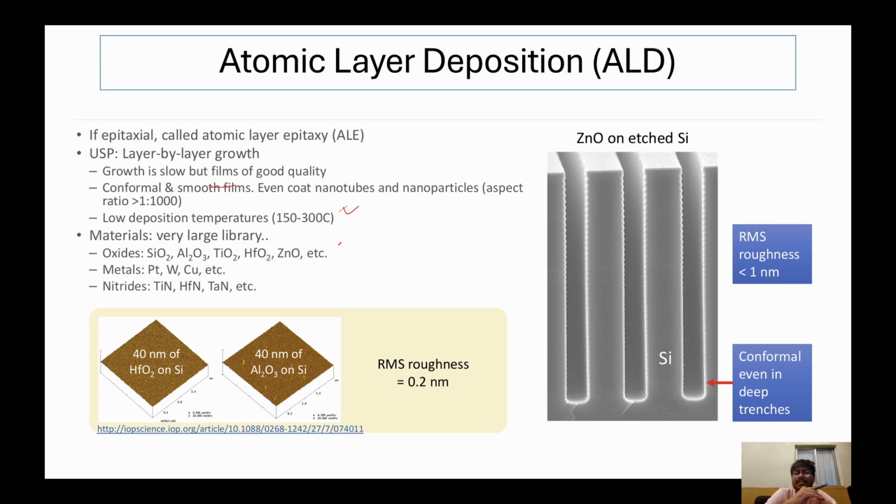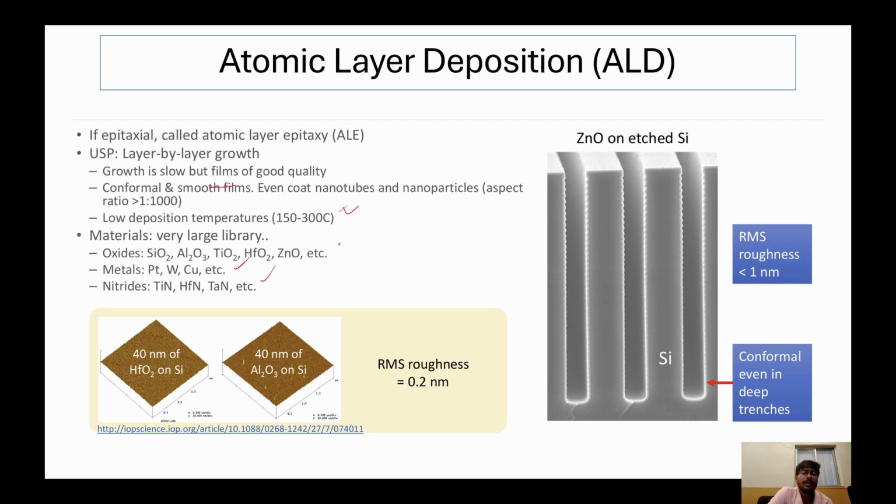I am telling this because I have deposited all these. And you can also deposit some metals and some nitrides as well, but for nitrides you need a very good source of nitrogen. That can be ammonia, ammonium hydroxide, or similar precursors.